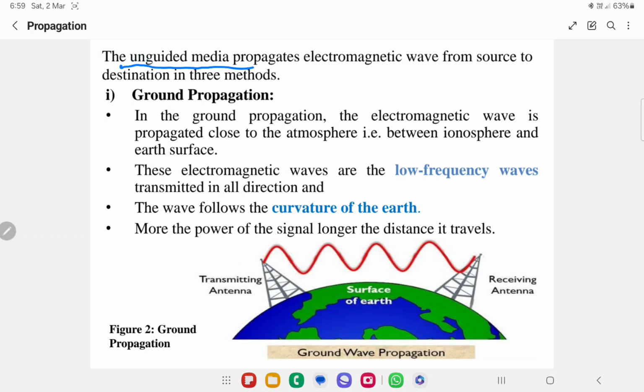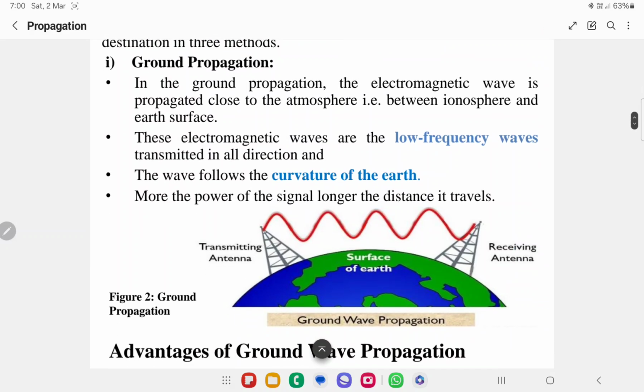The unguided media propagates electromagnetic waves from source to destination in three methods. The first one is ground propagation. In ground propagation, the signal passes between the ionosphere and the earth's surface.